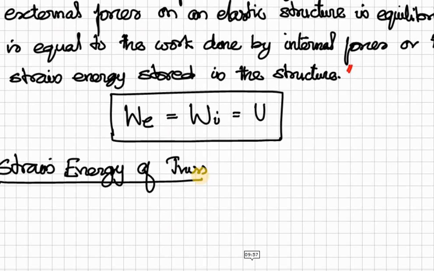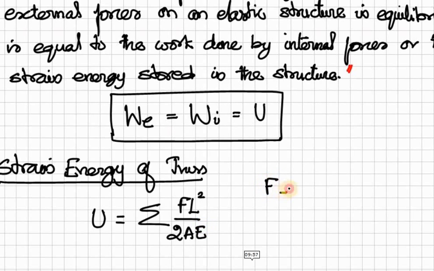So the total strain energy of a truss is expressed as U is equal to sigma of F squared L, sorry, here F squared L, not FL squared, F squared L divided by 2AE, where F is the member force, L is the length of the member, A is the cross-sectional area, E is the Young's modulus.